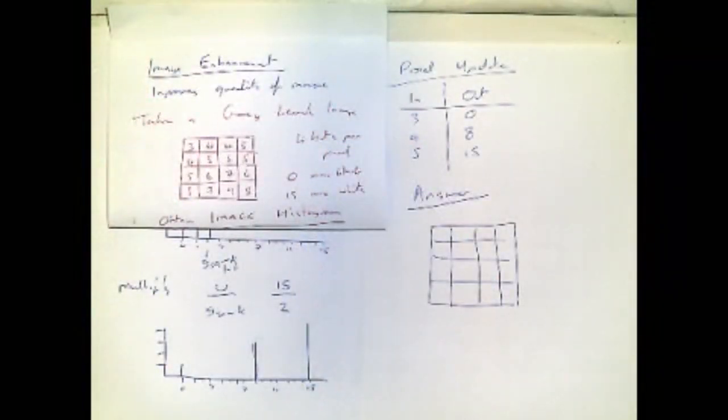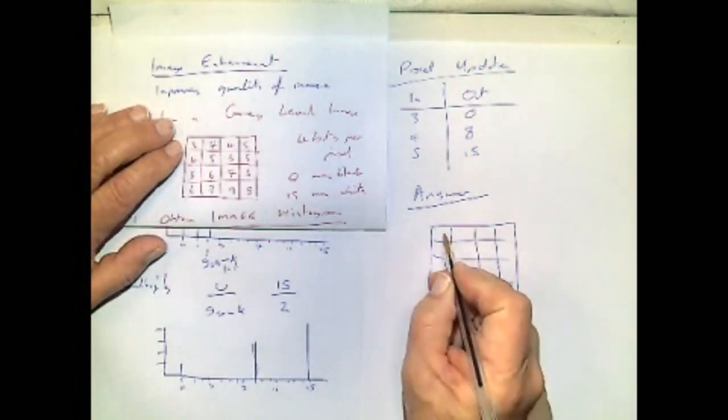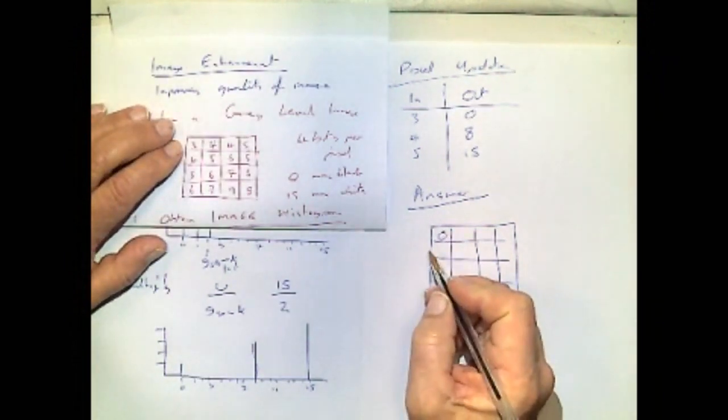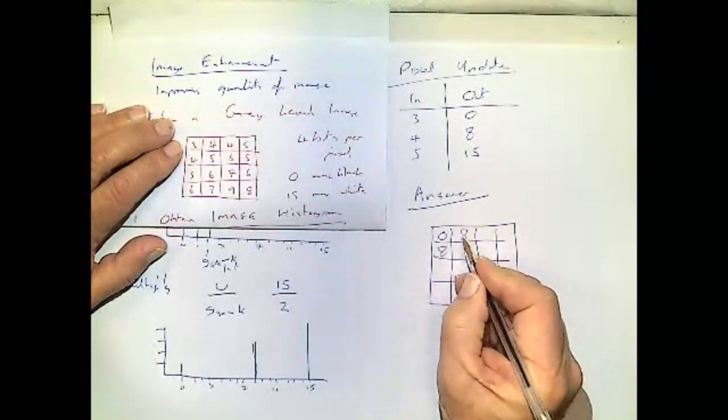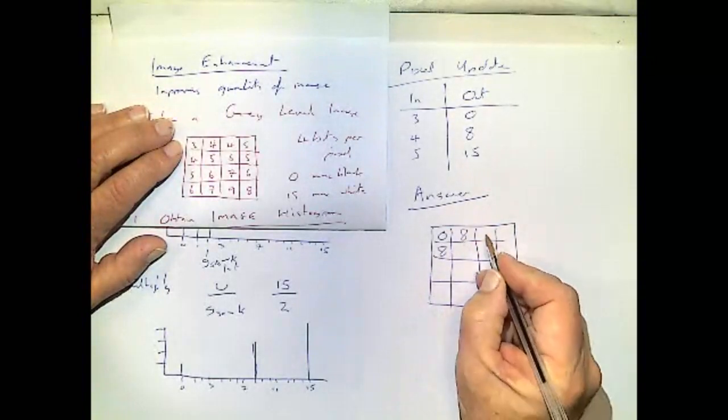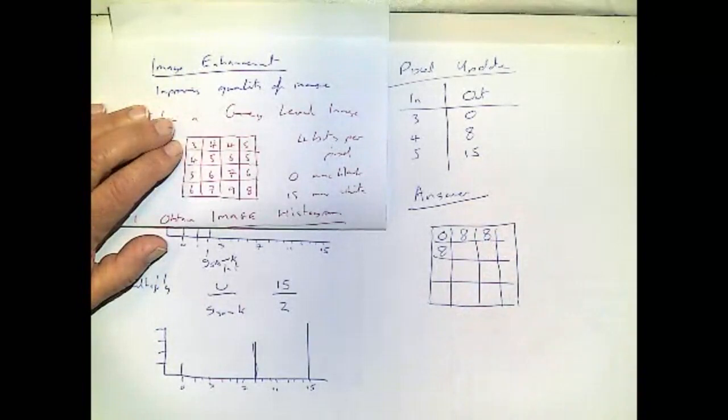There is the original image. So I want to go from here to here, and this is the update. The 3 is a 0. The 4s become 8. The 5s become 15.